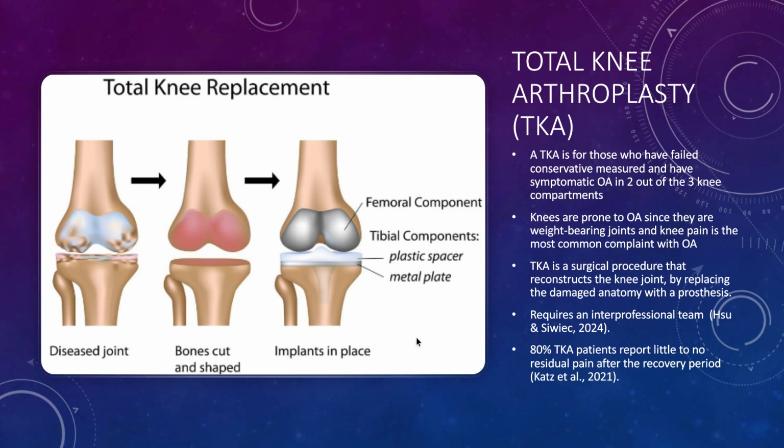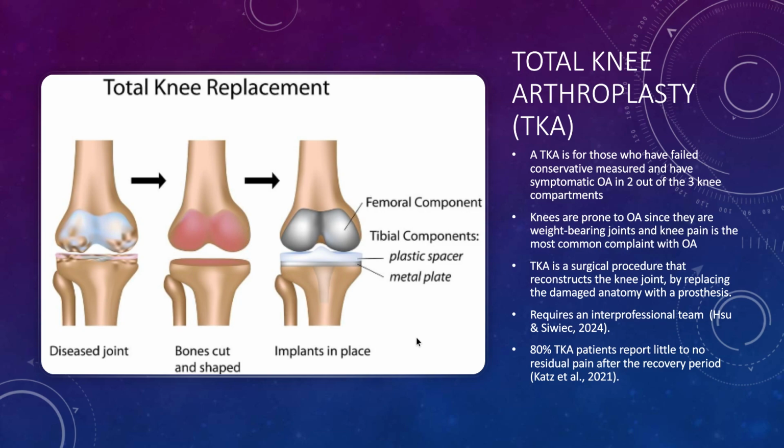When performing a total knee arthroplasty or total knee replacement, the surgeon reconstructs the distal portion of the femur and replaces that with a prosthetic, and they replace the proximal portion of the tibia.